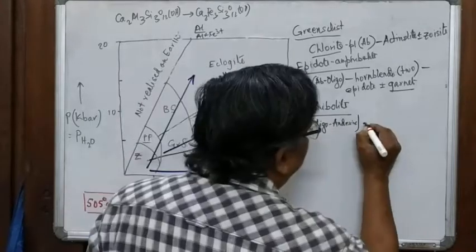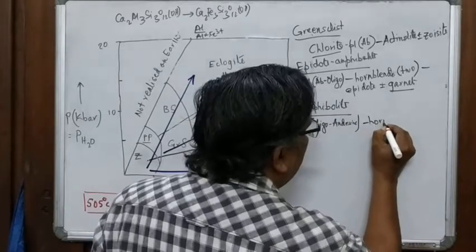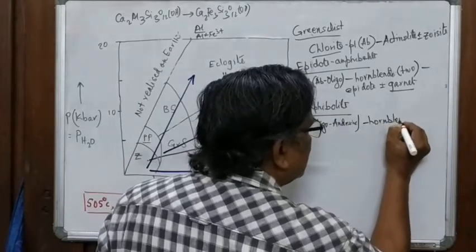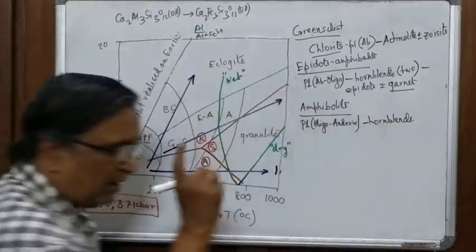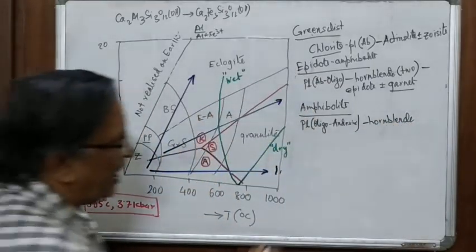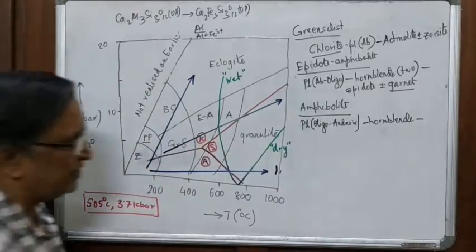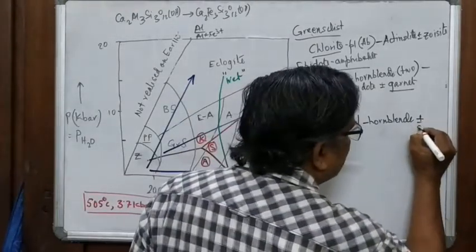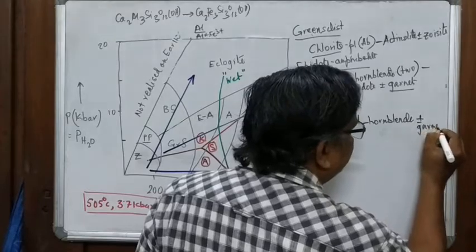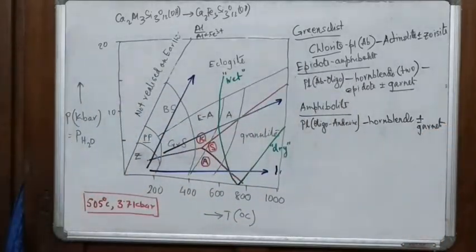And then you have hornblende. Mark, it's not two hornblende, it's one hornblende. And there is no epidote here. Plus minus garnet. Plagioclase, hornblende, plus minus garnet.